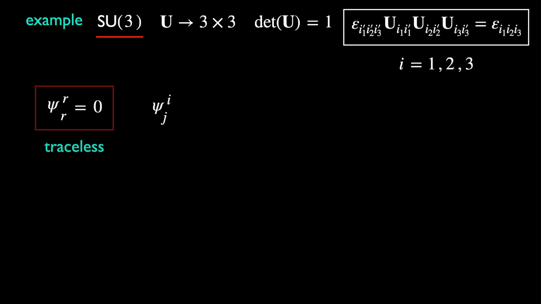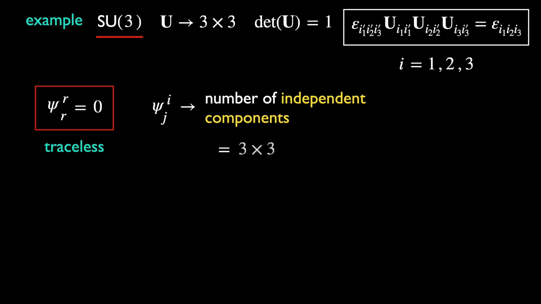Given this constraint, the number of independent components equals 3×3−1, where the −1 takes care of the constraint, which gives 8 independent complex components. This is because psi i j is a complex tensor to begin with. Thus we have an octet.